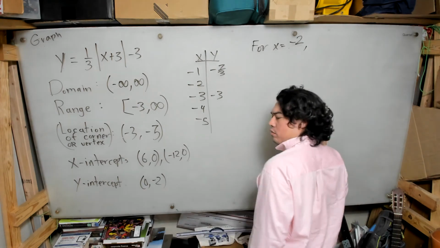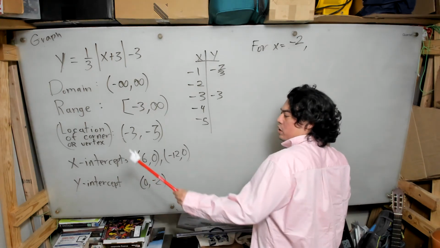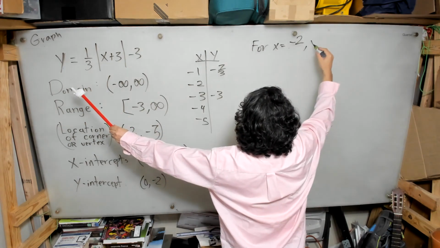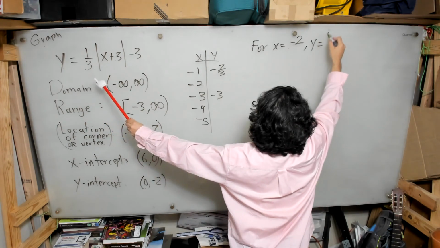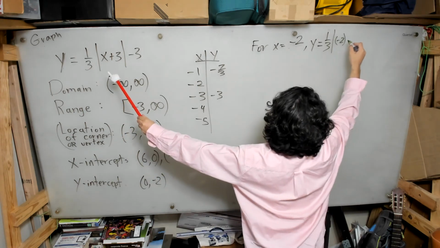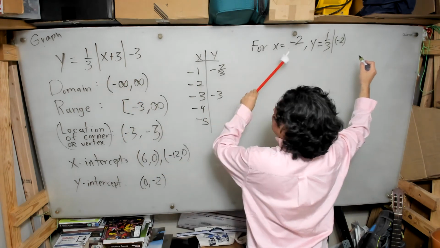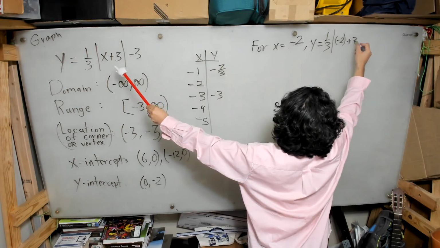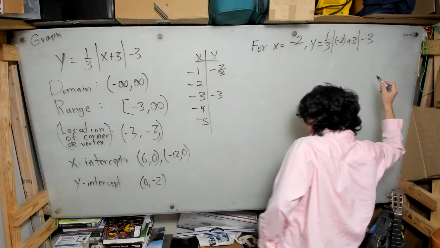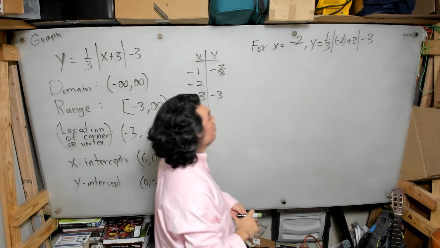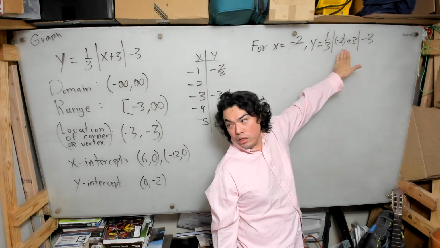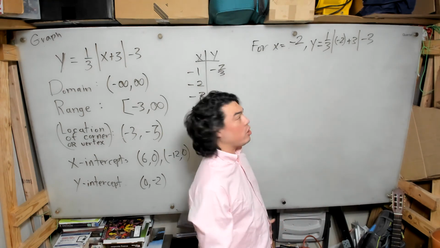Watch. So now I'm going to plug in here. y is going to equal 1/3 times the absolute value of negative 2, I'm replacing the x with negative 2, plus 3, minus 3. So now here, what I have to do is ask, what is negative 2 plus 3? Negative 2 plus 3 is positive 1.